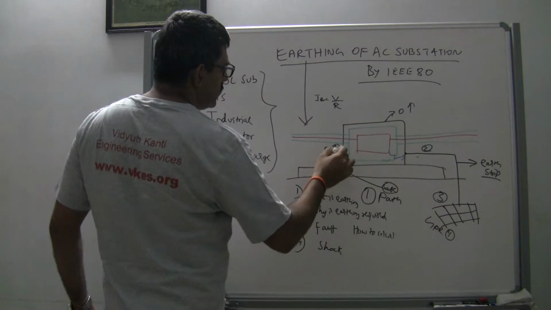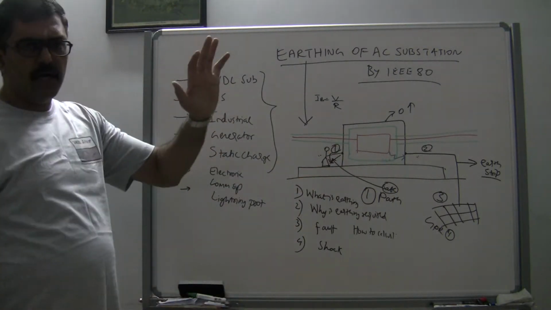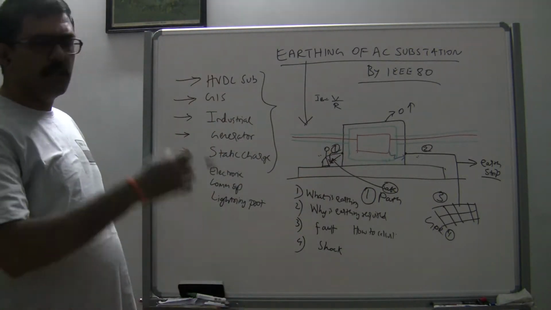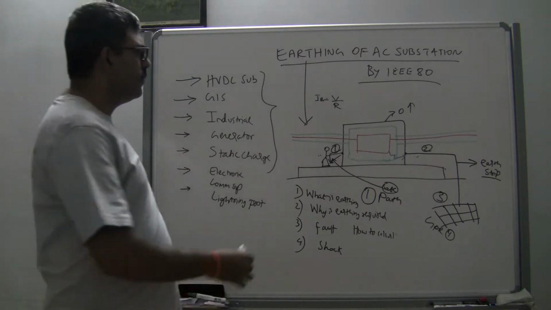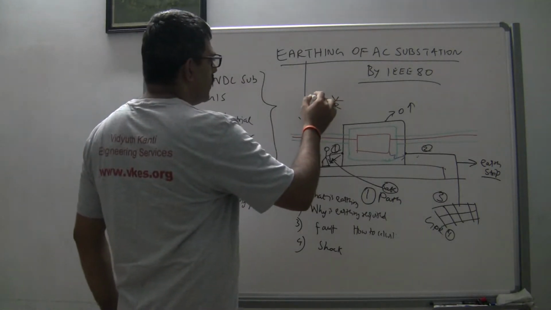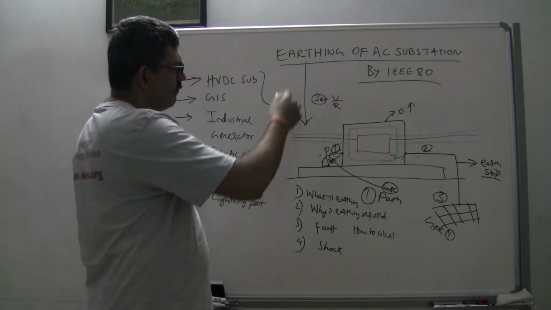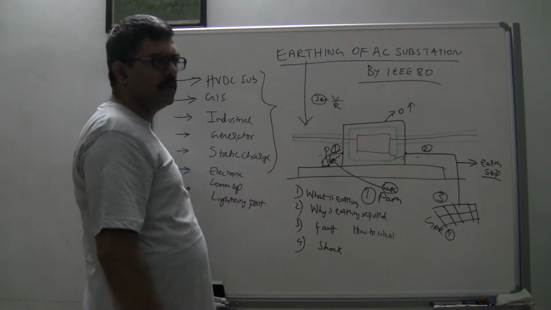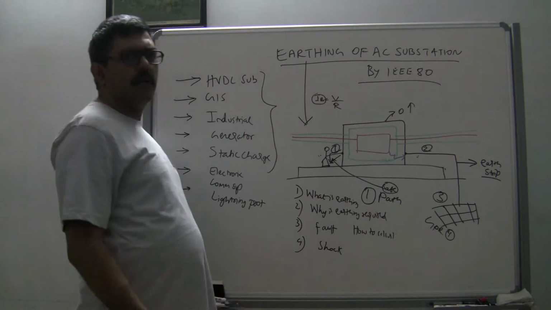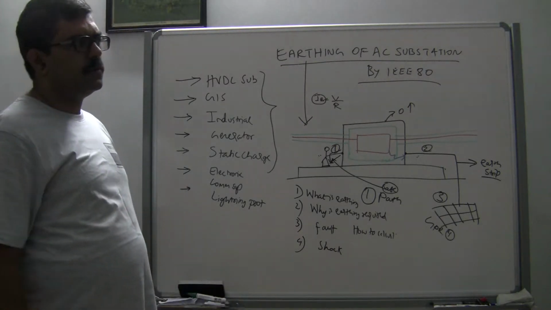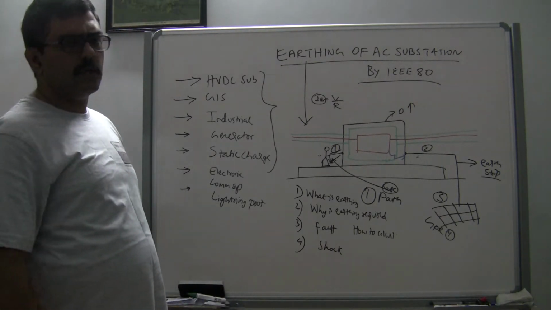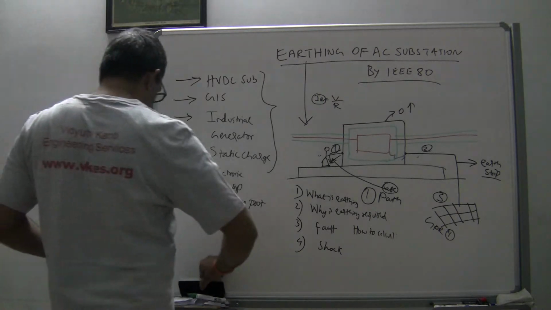So the voltage difference between his hand and foot divided by the resistance of his body will give rise to a current called body current. Now when this current flows through the body of a person, depending on the magnitude, different things will occur. I will explain about that.